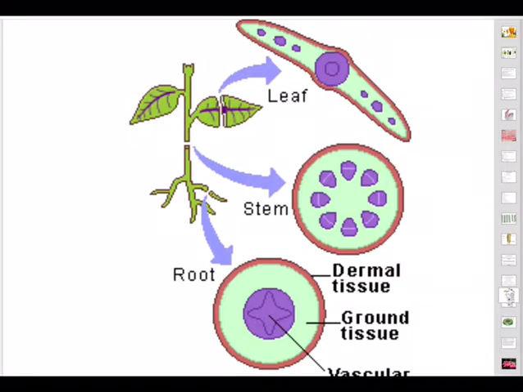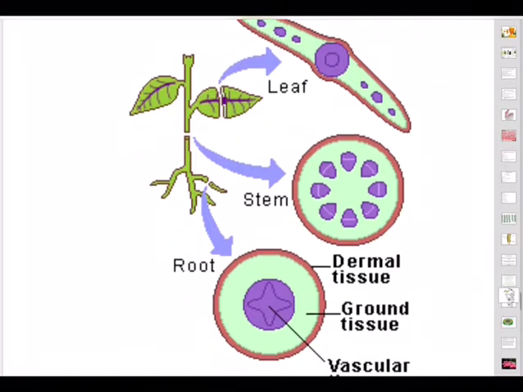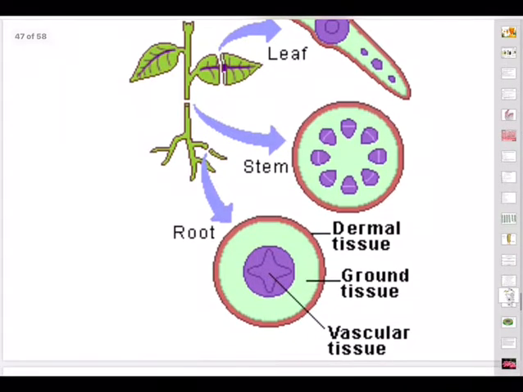Here you can see the brown color outer in the leaf, in the stem, in the root. That is dermal tissue, epidermal tissue. And just below that you can see ground tissue, and you can see inside centrally that indigo color, vascular tissue.